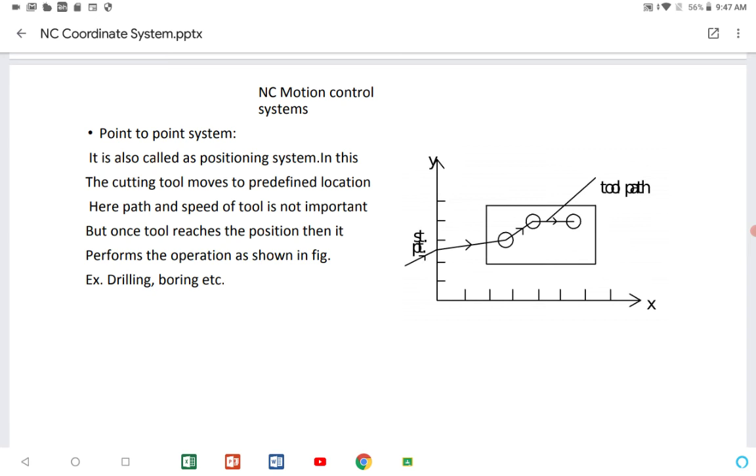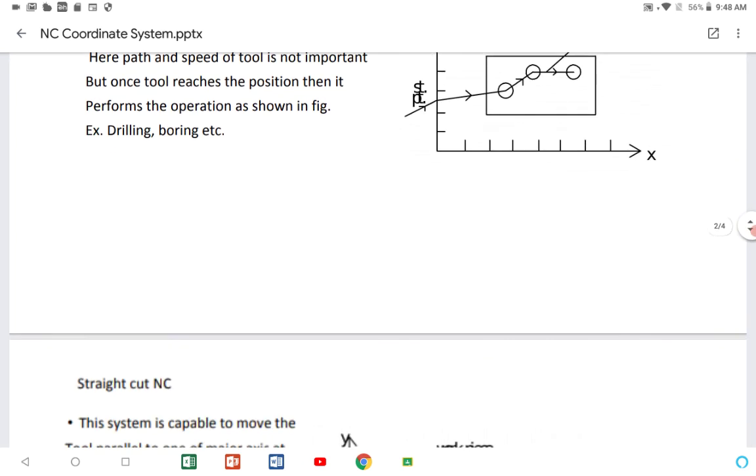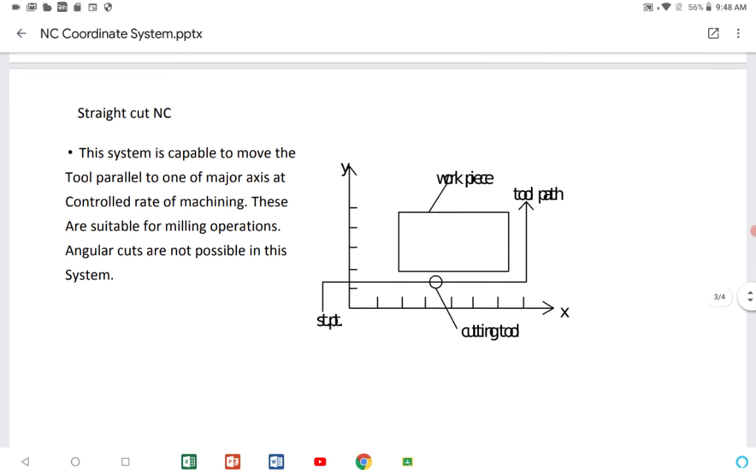The tool moves in any direction and goes to the particular point where the drill has to be done or the operation has to be done, and next moves to the next point or location. This moving of the tool from point to point is known as the point to point system or positioning system. So it is suitable for drilling, boring, etc.